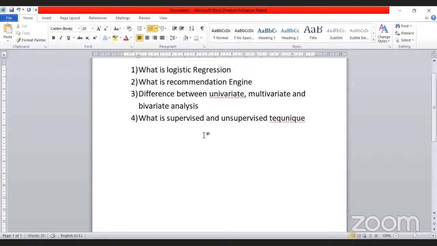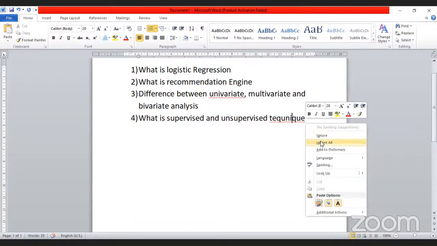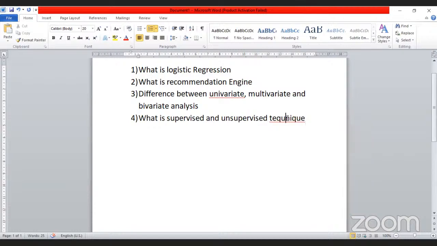They might ask you what supervised or unsupervised learning is in machine learning. Okay, we can take it as machine learning.